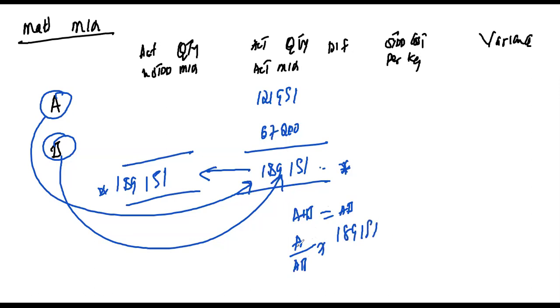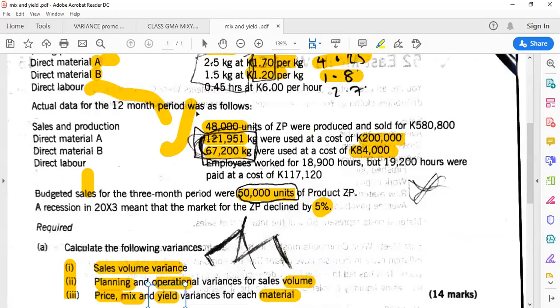So how many kgs do we need of A per unit? How many kgs of A do we need per unit? Okay, there we go. For A, we need about 2.5 kgs. For B, 1.5 kgs. Total, 4 kgs per unit. Have you seen? So all you do, make a fraction.